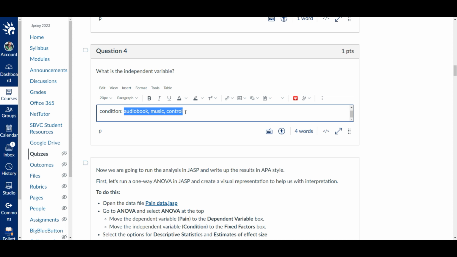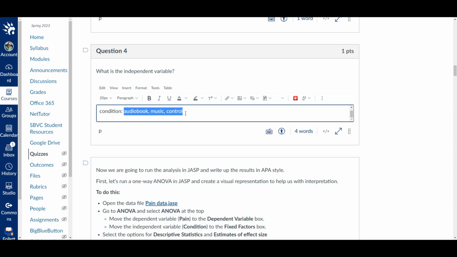T-tests are only appropriate when we have 2 levels. So if we were only looking at music versus control, we could use a t-test here. The fact that we now have 3 categories we're examining means we can no longer use a t-test. There's nowhere to put a third mean into the formula for a t-test. It just does not work.